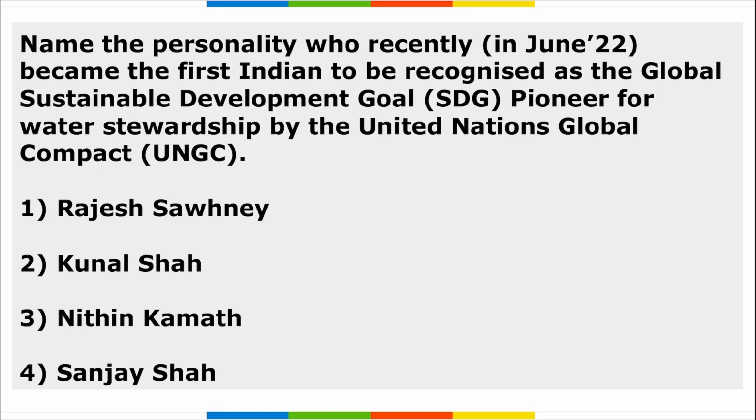Next, name the personality who recently became the first Indian to be recognized as the Global Sustainable Development Goal Pioneer for water stewardship by the United Nations Global Compact, that is your UNGC. So Ram Krishna, the option is not given, mark here option 5.